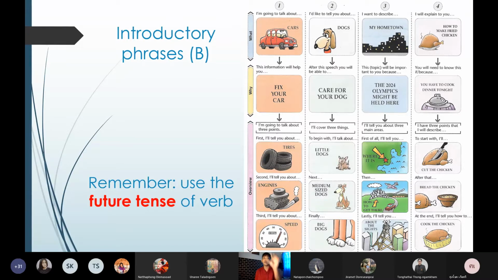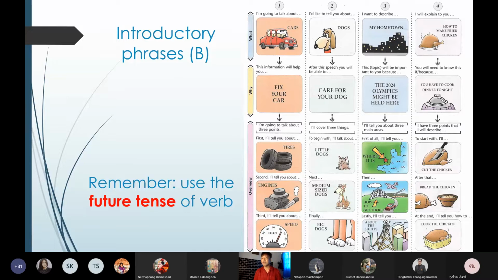Again, let me do it. Number one, the whole process, the whole column: what, why, and the overview. I'm going to talk about cars. This information will help you fix your car. I'm going to talk about 3 points. First, I'll tell you about tires.